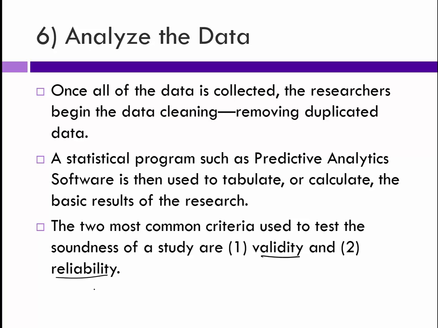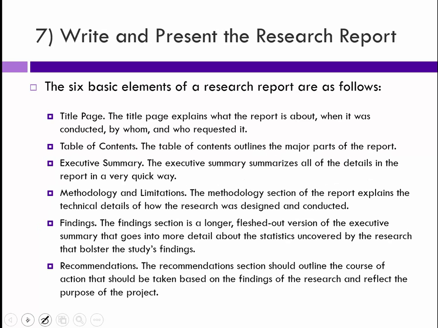The validity has to do with whether the questions answer what they were supposed to answer, which is why if you use secondary data, sometimes it's not as valid. And the reliability is, if I asked that same group that same question, would I get the same answer? And so a well-designed instrument will give you both validity and reliability.